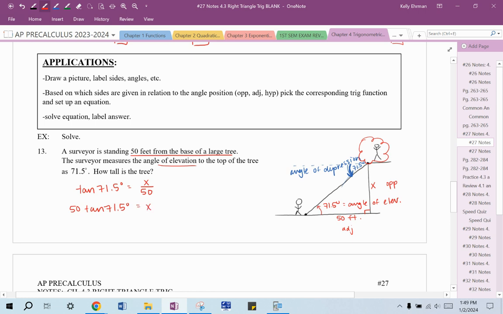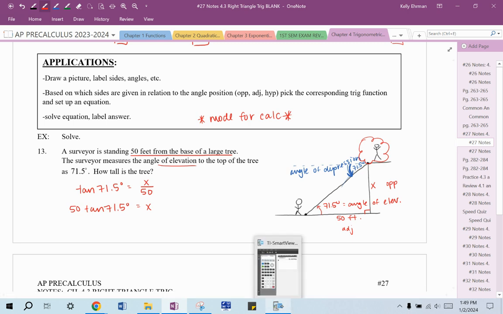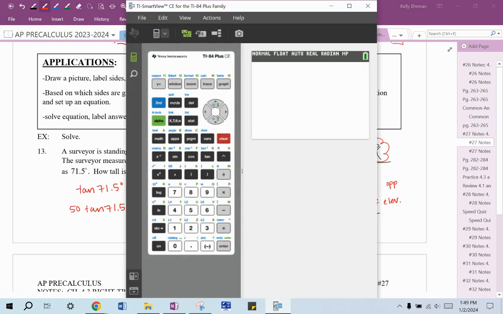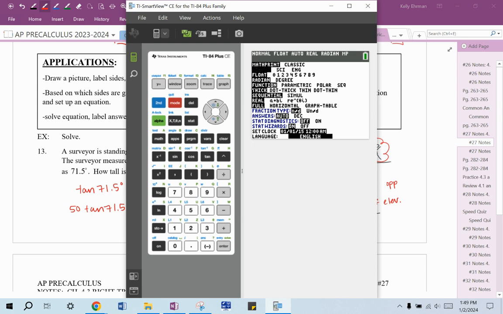So be careful of your calculator mode. If the angle in the trig function is in degrees, then your calculator needs to be in degree mode. So check your calculator, press mode, which is next to second, and if your calculator gets reset, it's going to reset to radian mode by default, so switch it over to degree for this problem.